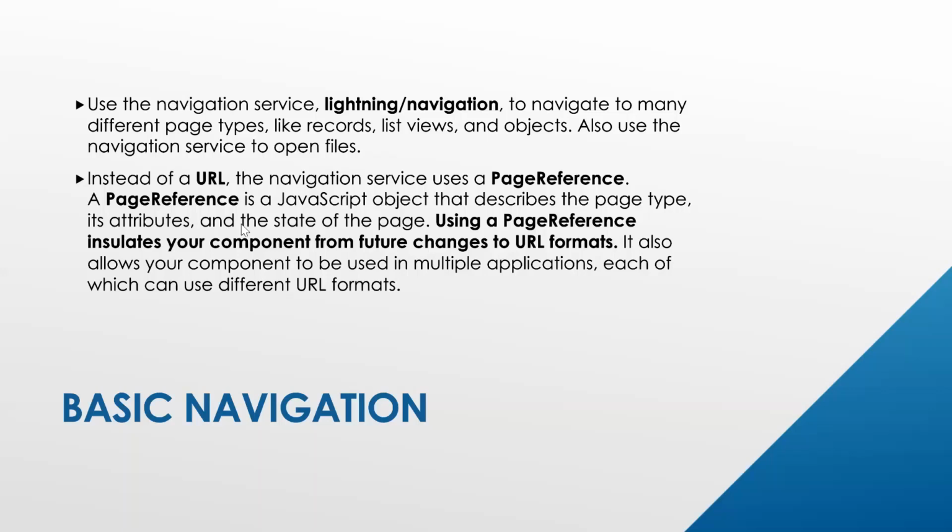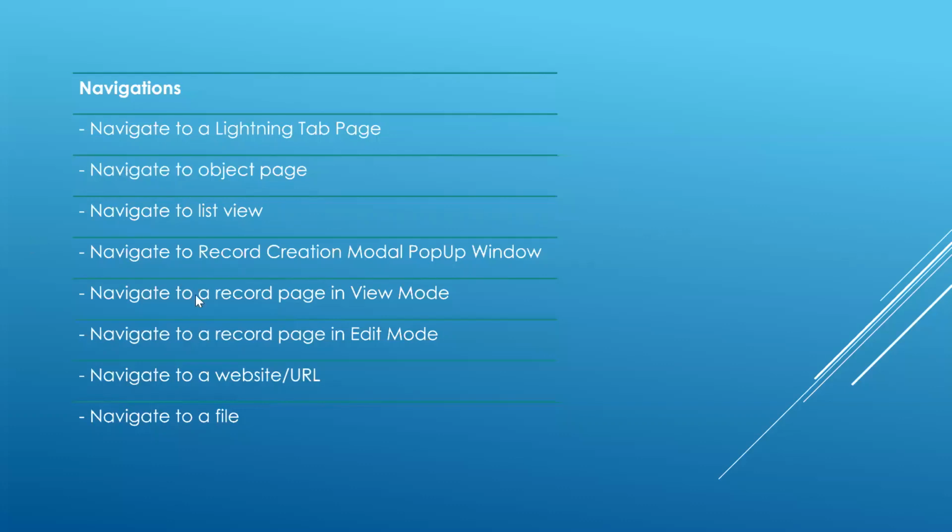All right. So let's go ahead and see how we can implement this functionality. Before moving on to the LWC component, these are the things that we are going to cover. We'll see how to navigate to a Lightning tab page. Then we'll see how to navigate to an object page. Then we'll check how to navigate to different list views of an object.